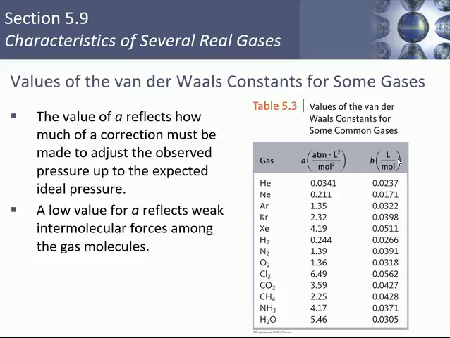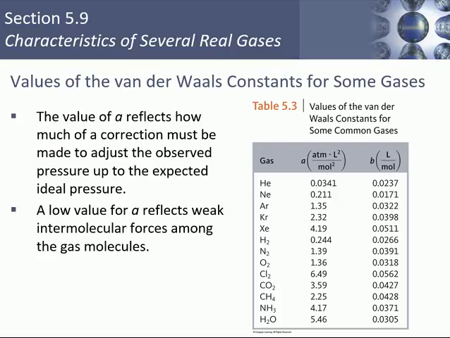And how we're going to do that, if you go back to that van der Waals corrected gas law equation, there's an A value and a B value. The value of A reflects how much of a correction must be made to adjust the observed pressure up to the expected ideal pressure. Because remember, the observed pressure of a gas is less than the expected value for pressure for an ideal gas.